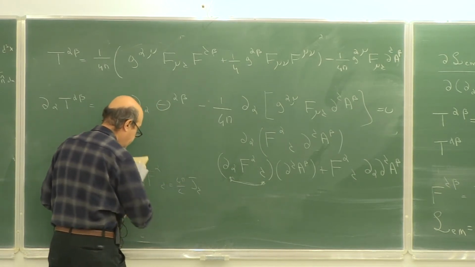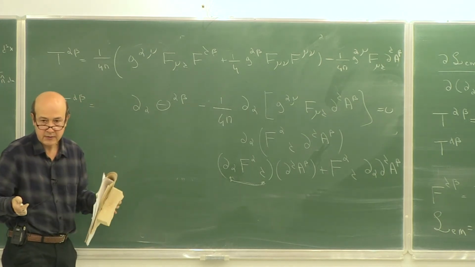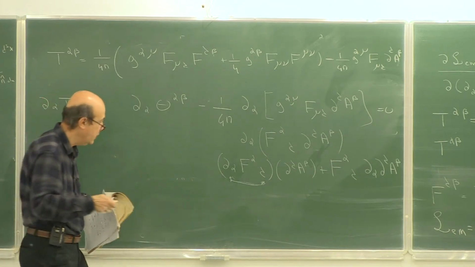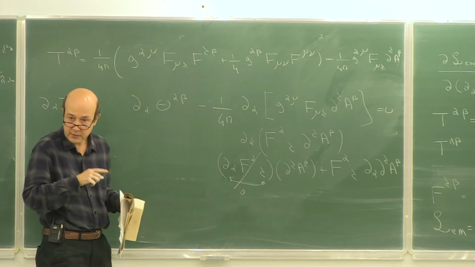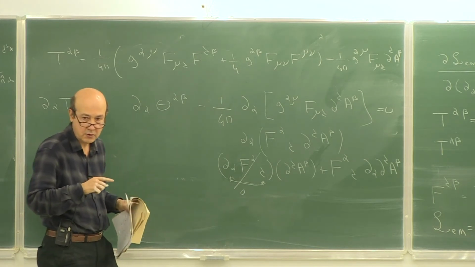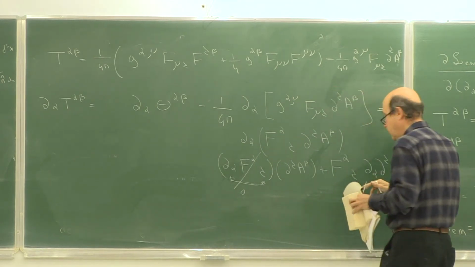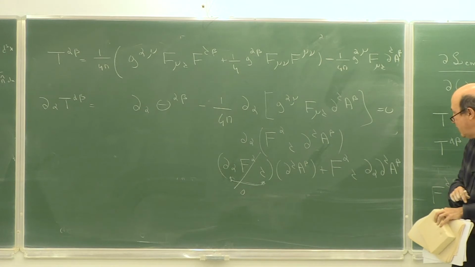And J is the current density. Since we don't have a current density, we are working with the Lagrangian density for the free fields. This will be 0. Okay, this is the Maxwell's equations with the source terms. And how about this one? So there is a general rule here. I will show you.